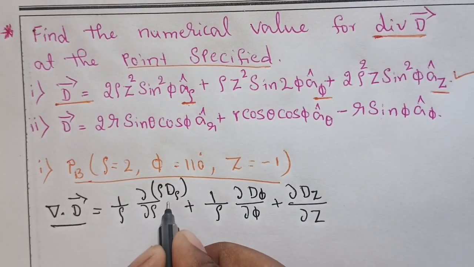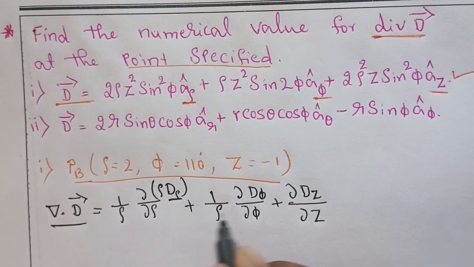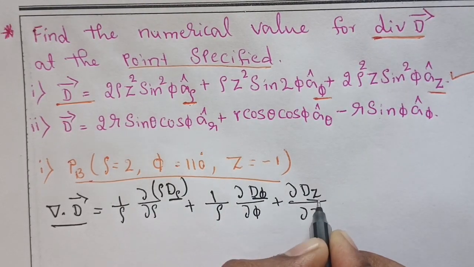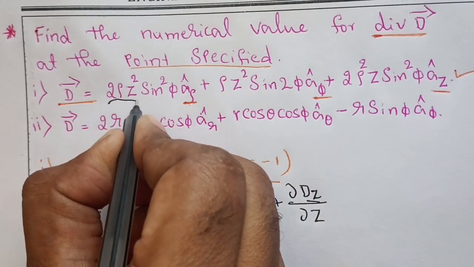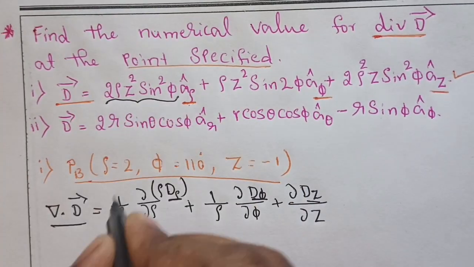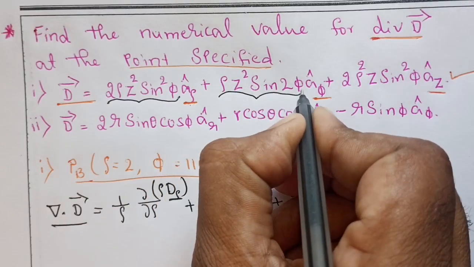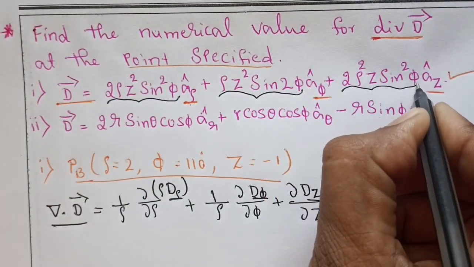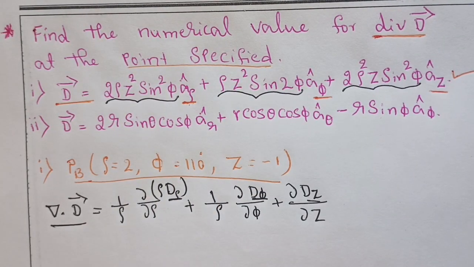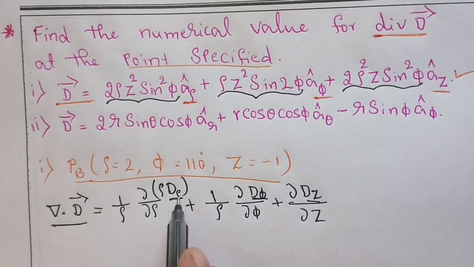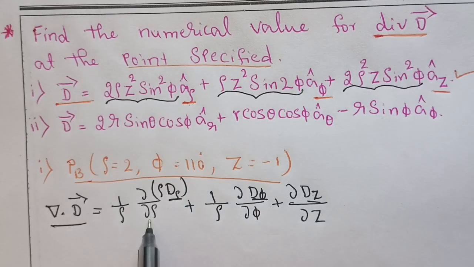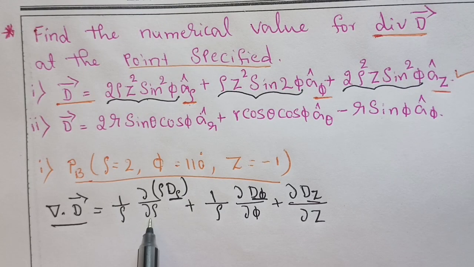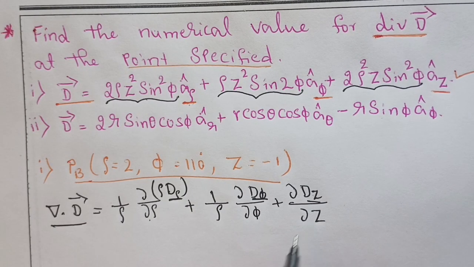Now we need to substitute for D rho, D phi and Dz from the given vector D. This is your D rho, this is D phi and this is your Dz. I have to substitute these and differentiate partially with respect to rho, phi and z.